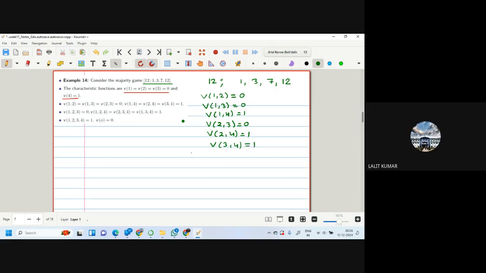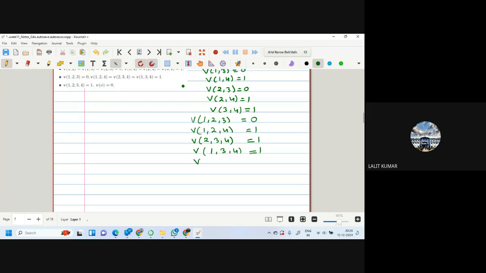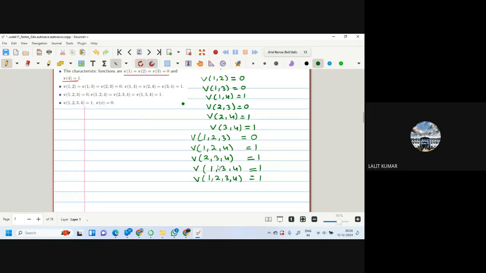Now V123 is equal to 0. V124 is equal to 1. V234 is equal to 1. And which one is left? V134 is also equal to 1. V1234 is equal to 1. So these are the values we have got.